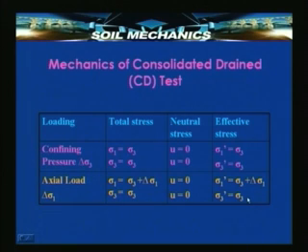That is, whatever pressure we apply initially in the first stage of loading in the lateral direction, that remains effective even at the end of the test, whereas the vertical effective stress becomes equal to the applied lateral pressure plus the additional axial load delta sigma 1 which we apply. In other words, all the load that is applied becomes effective in this test, because it is a test in which consolidation is permitted and drainage is permitted or volume change is permitted during shear.